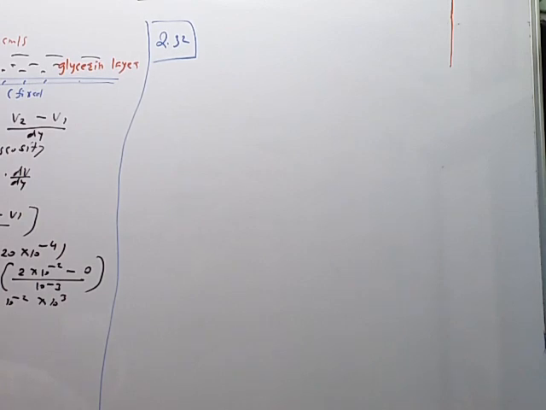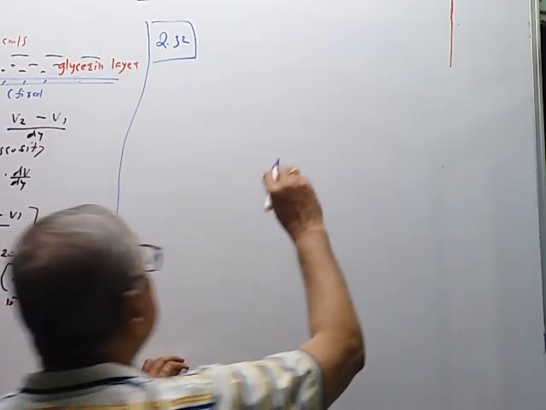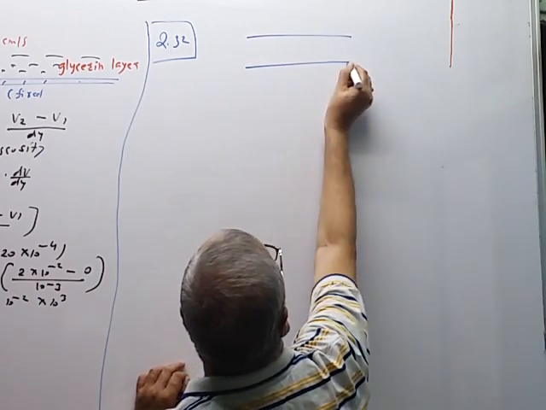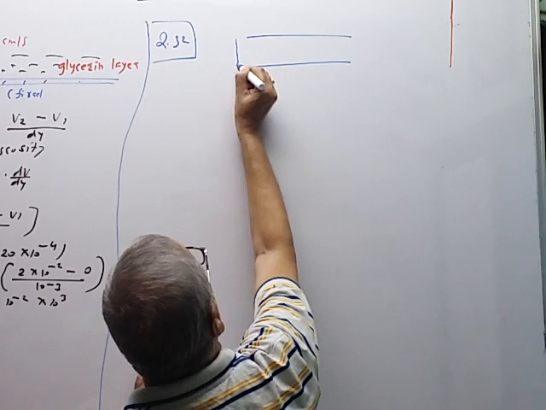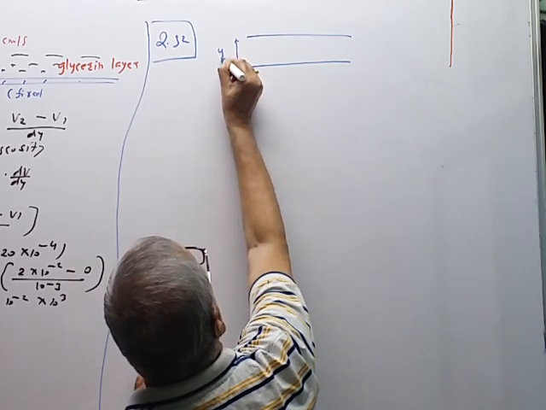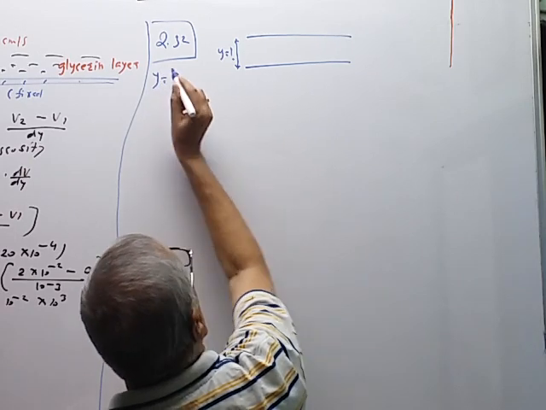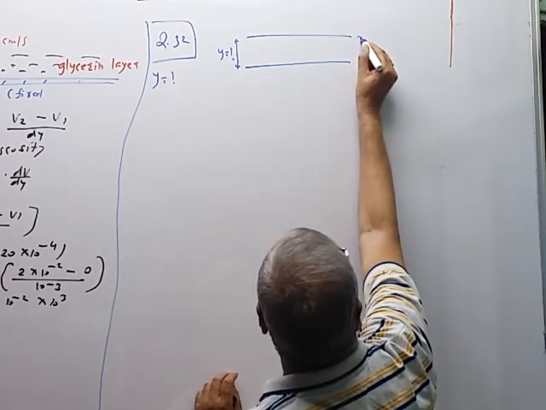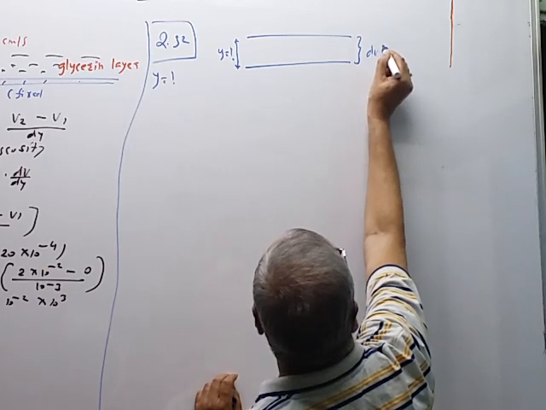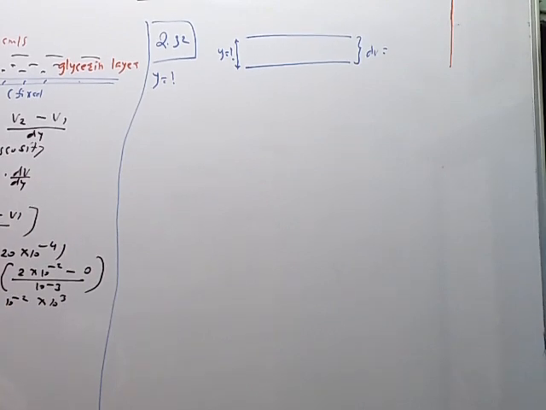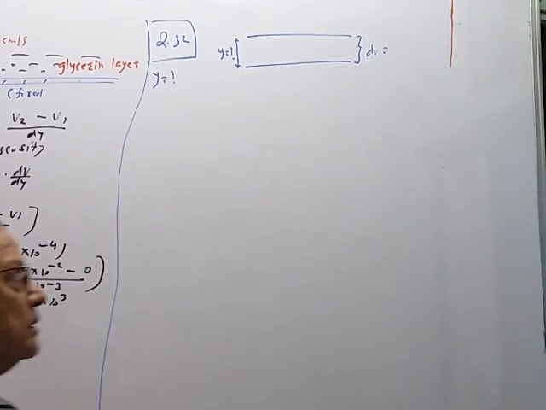The separation between the two plates is what is asked. So these are the two plates. This separation is y, which is equal to question mark. This is the velocity difference between them: one plate is fixed and the other plate is movable at 0.1 meter per second.